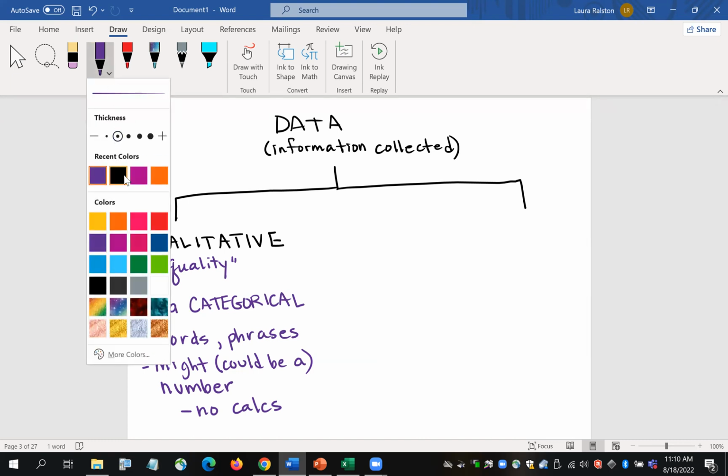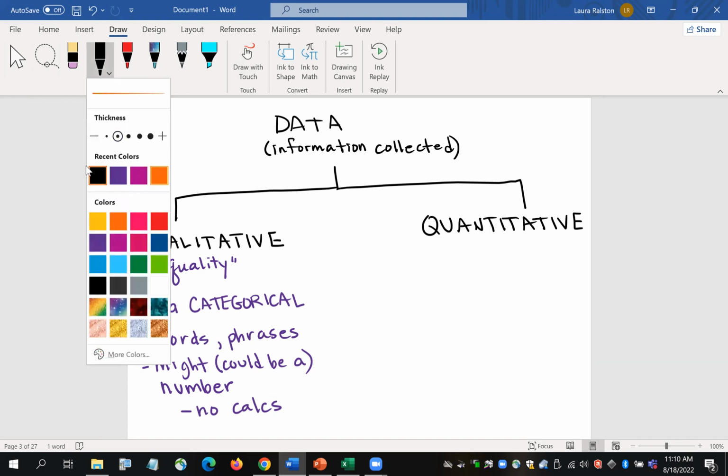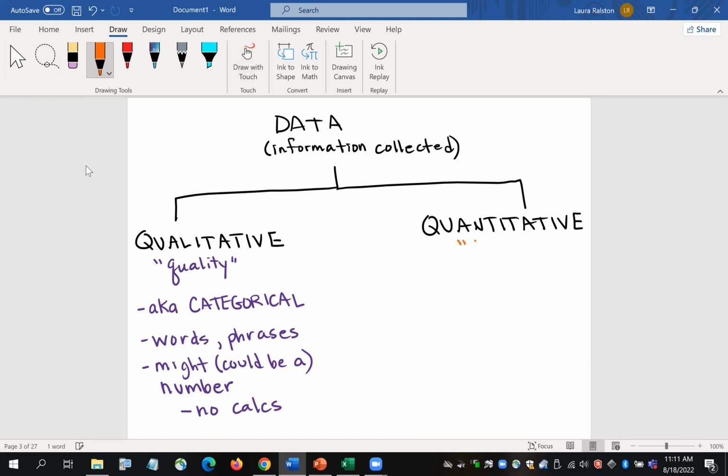On the other hand, you have quantitative data. Quantitative is again an adjective, and that is the adjective form of the word quantity, which I hope makes you think of a number, because quantitative data will always and forever be a number, and it's a number that we can calculate with.